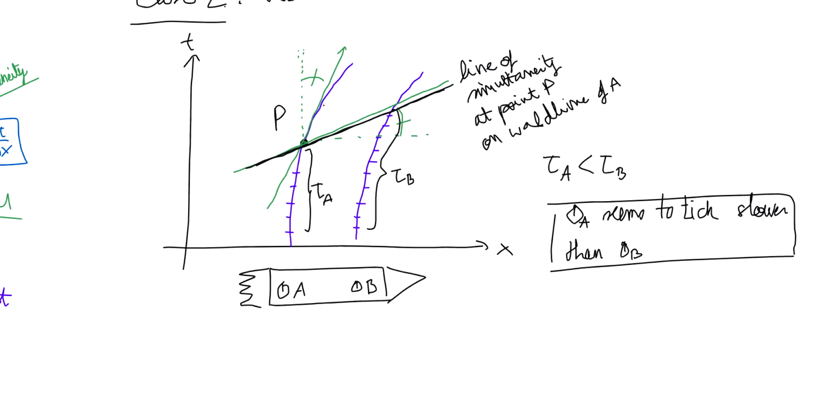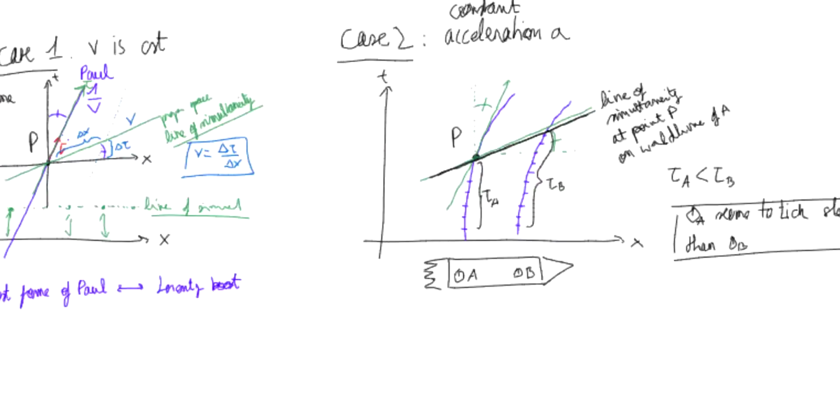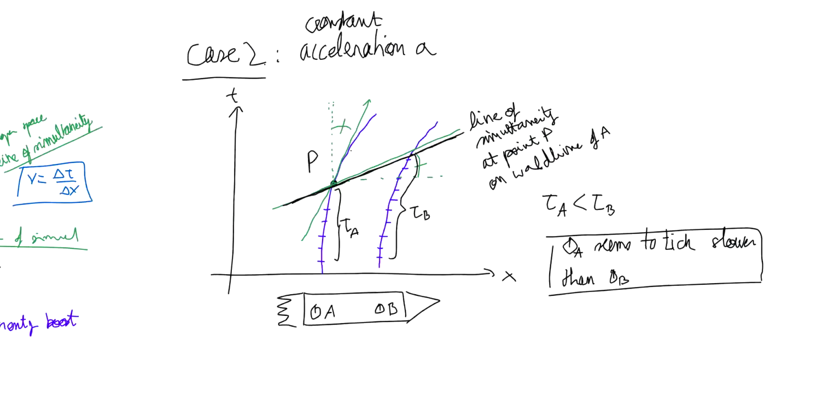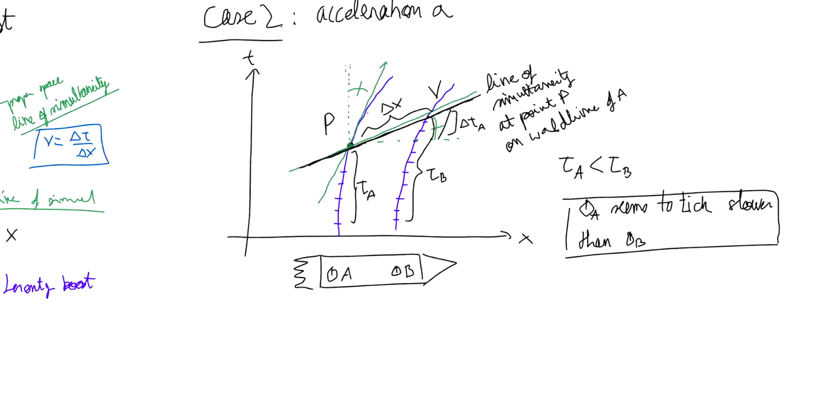And now we can go back to our first case, where we've seen that the slope V here can be described as delta tau over delta X. Sorry, yes, delta tau. Okay.